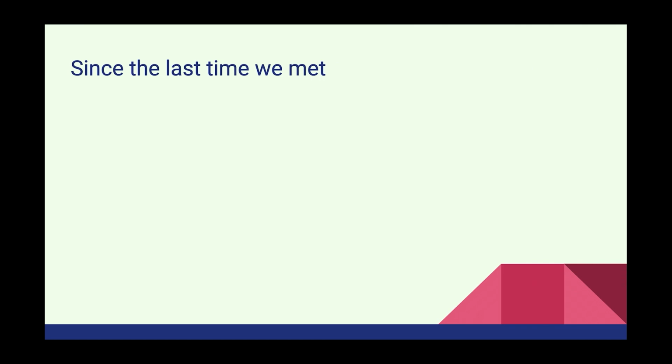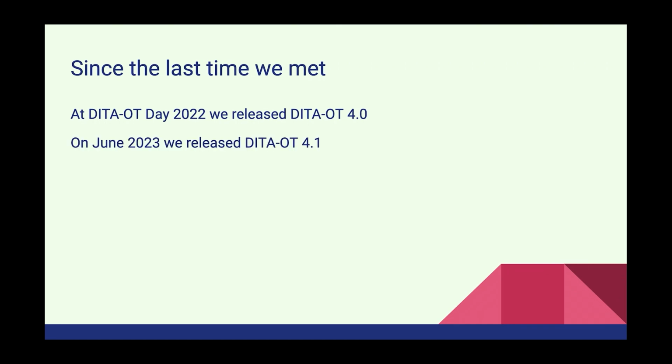So, since the last time we met in Rotterdam, about 1.5 years ago, we released 4.0. It was a major release, and we released a bunch of stuff on that release. I don't actually remember anything about it anymore. Then, because we have a 6-month release train, last summer we released 4.1, and today we're releasing 4.2.